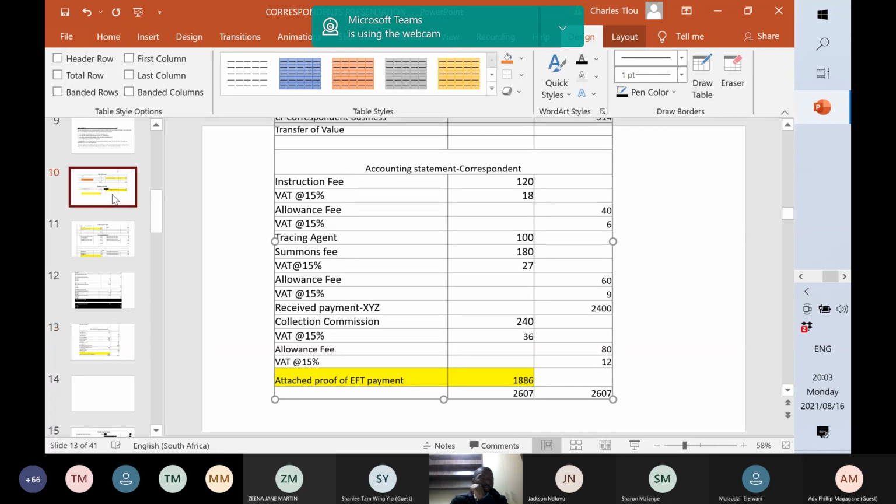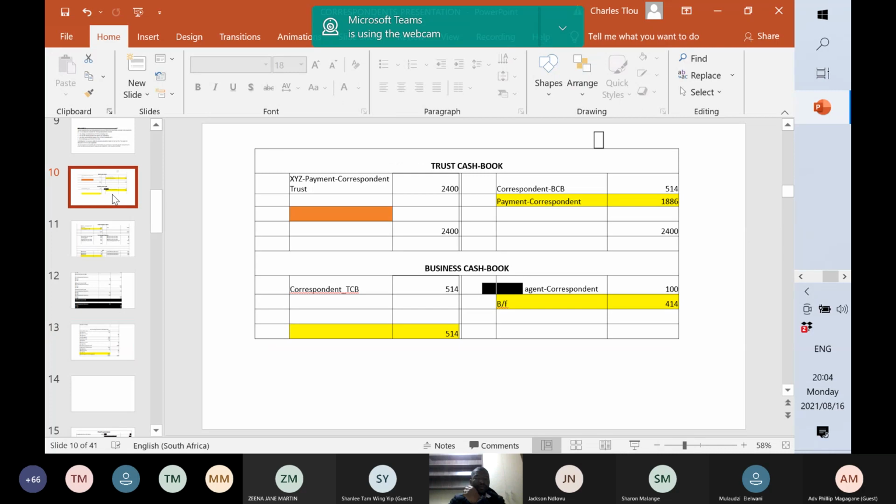You come here to your trust cash book. You see the payment that you made to the correspondent on the credit side of your trust cash book. It says 1886. In other words, if your accounting statement does not reflect this amount, that means your accounting statement needs to be re-looked at.